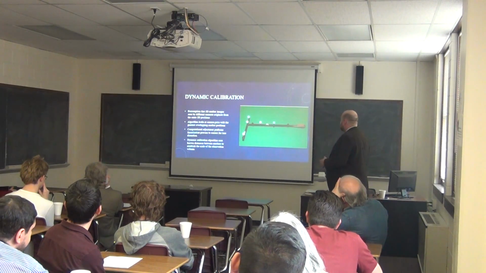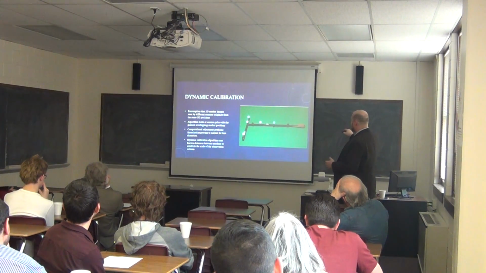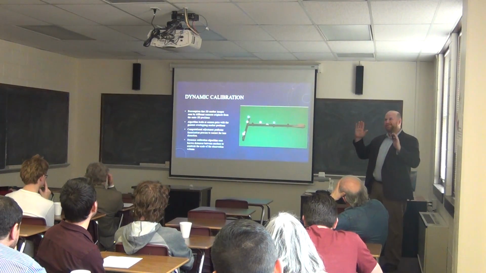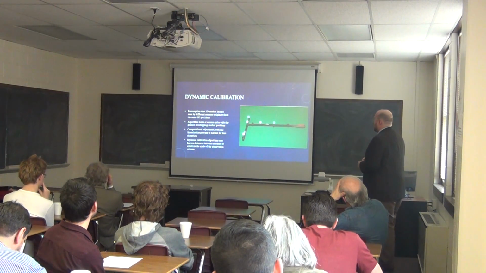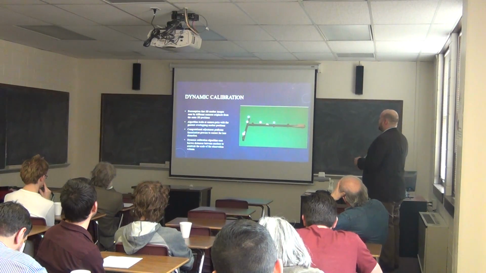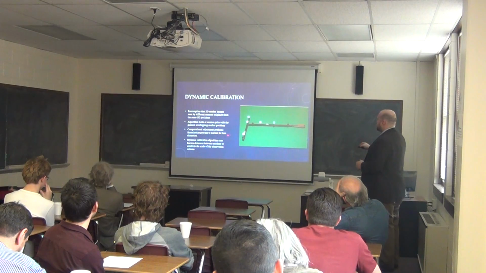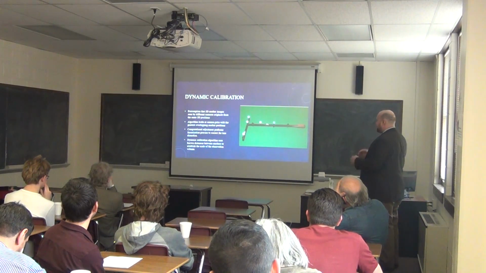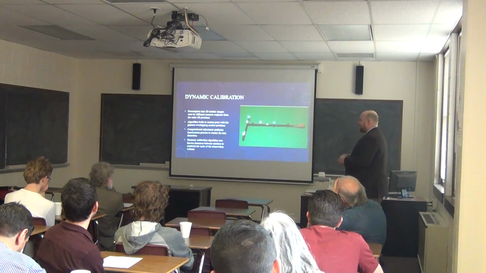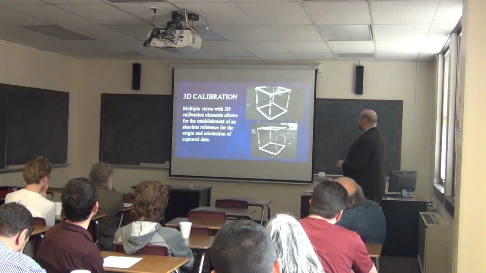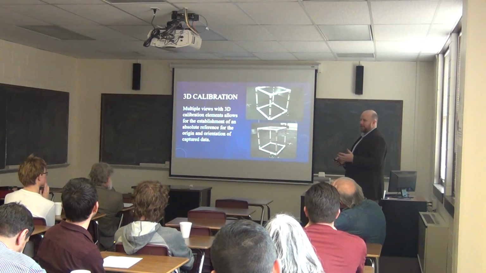The computer knows exactly how far these markers are apart, and it looks for several cameras that have the same overlapping markers, and then it can calculate three-dimensional space based on that. Essentially, a dynamic calibration algorithm goes through and scales the entire volume. So essentially, this will do this, but it does it in a dynamic form.